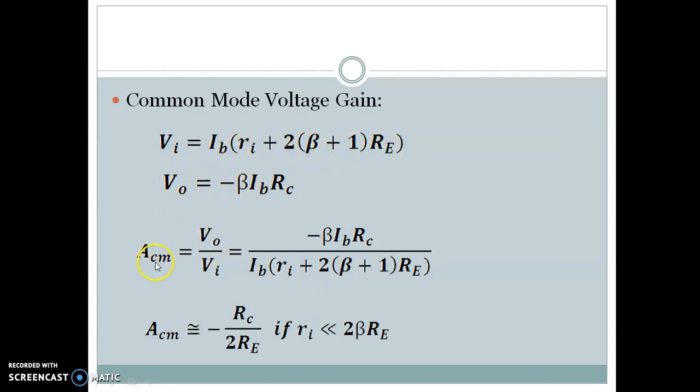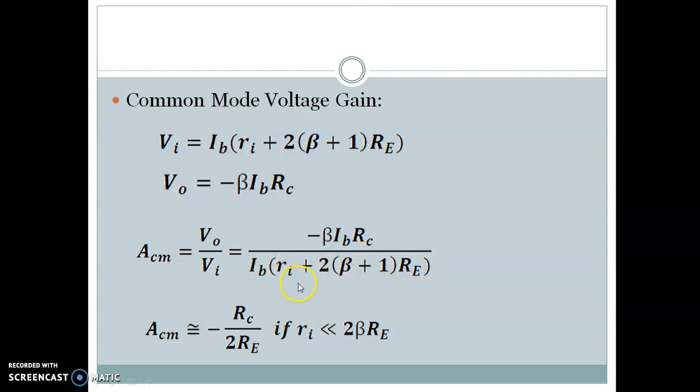Then we take the ratio, the common mode voltage gain, which is V0 by VI. V0 by VI is equal to minus beta IB into RC divided by IB into RI plus 2 beta plus 1 times RE. Now we can cancel out IB, and beta plus 1 I can write as beta, since beta is very much larger than 1, so you get the term 2 beta RE.